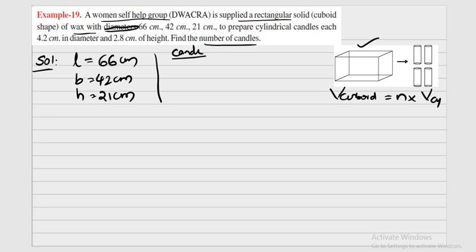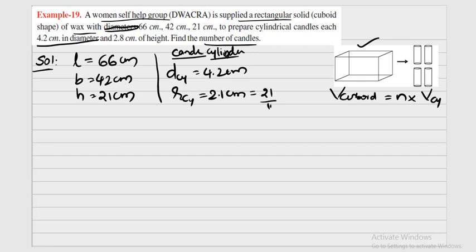Candle means it is in the shape of a cylinder, each 4.2 centimeters in diameter. So diameter of cylinder is 4.2 centimeters. That means radius of cylinder is 2.1 centimeters, which I can write as 21 by 10 centimeters. Next, height is given as 2.8 centimeters, which I can write as 28 by 10 centimeters.